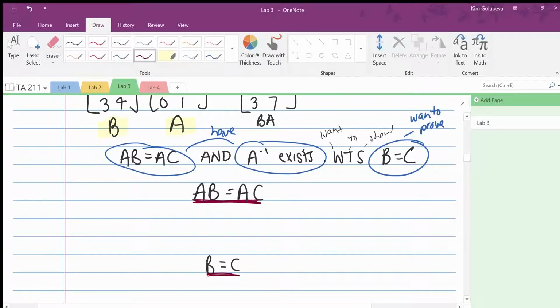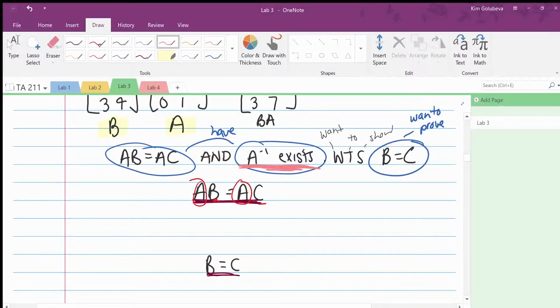Well, actually the only thing that we have to do is to get rid of these A's somehow, right? If we get rid of the A's, then we end up with B equals C. So we go back to thinking about what we are given in the question. And conveniently, we're given that A inverse exists.